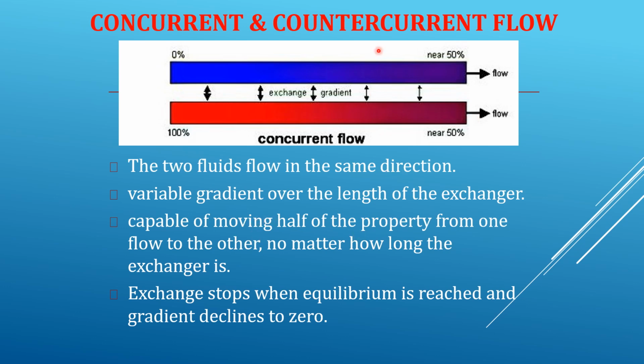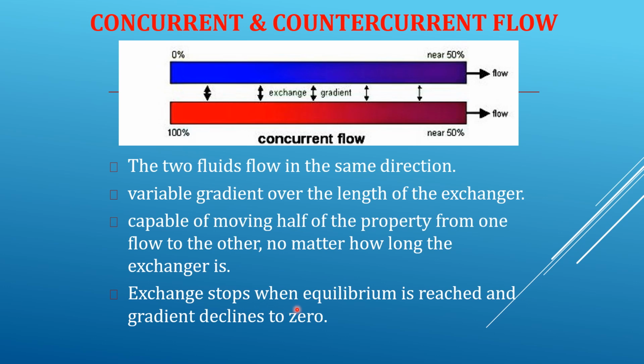The fluids are capable of moving half of the property from one flow to the other, no matter how long the exchanger is. As long as the tubes are present parallel to and in close proximity, there is capability of moving half of the property from one flow to the other.